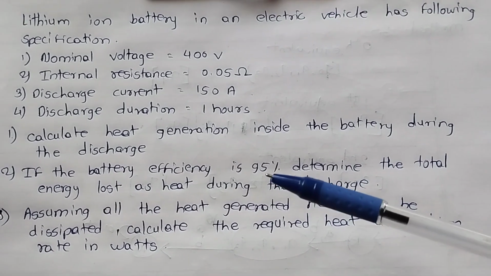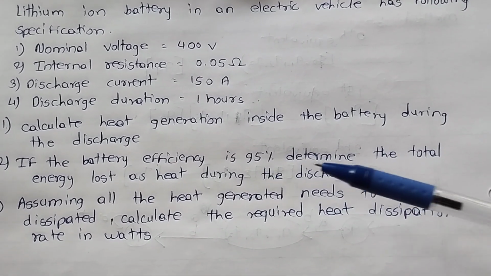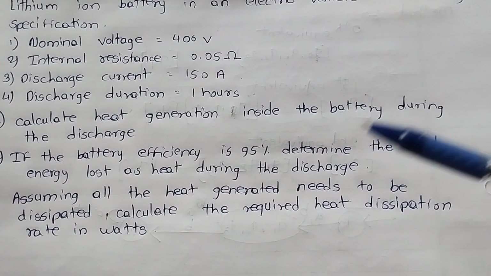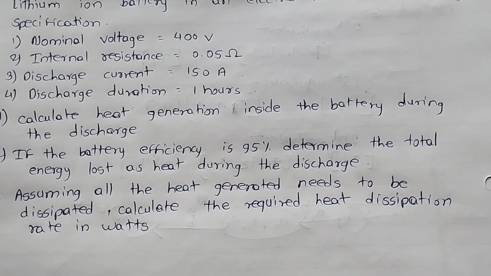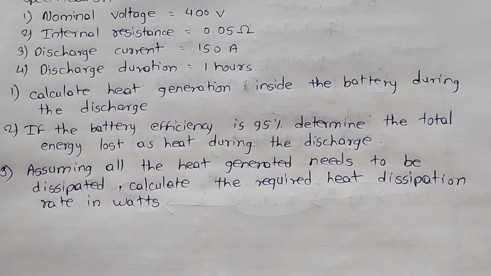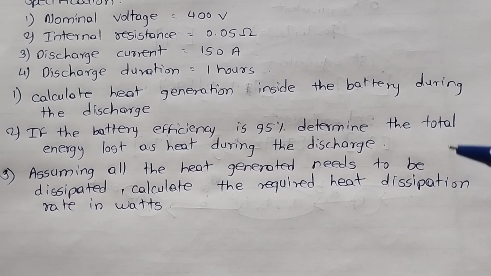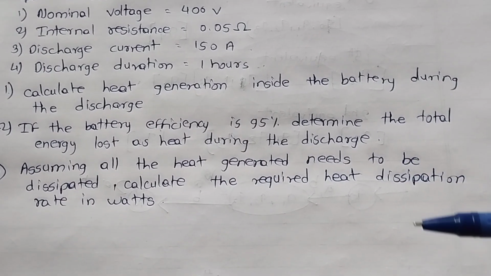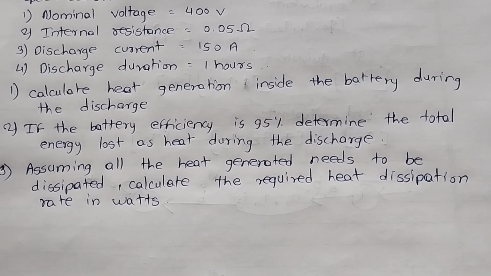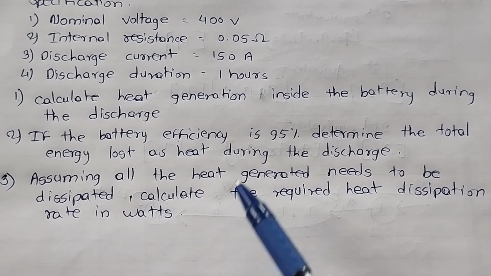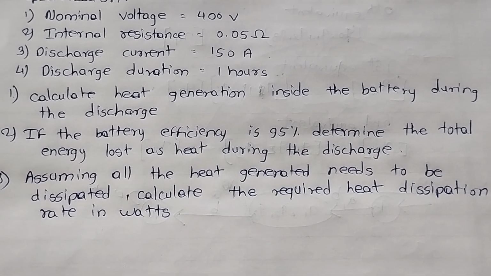Second, if the battery efficiency is 95%, determine the total energy lost as heat during the discharge. Third, assuming all the heat generated needs to be dissipated, calculate the required heat dissipation rate in watts. Let's calculate the answers of these three sub-questions.